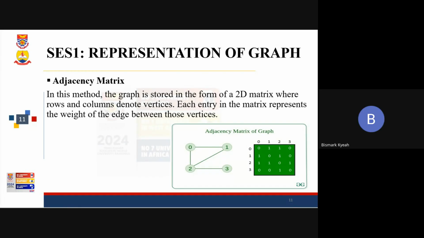Oh, okay, sir. Thank you very much. So 0 to 2 is 1 here, and 0 to 1 is also 1. But where there's no edge connecting any vertex, the weight is 0. And then we use that to build this particular matrix over here.